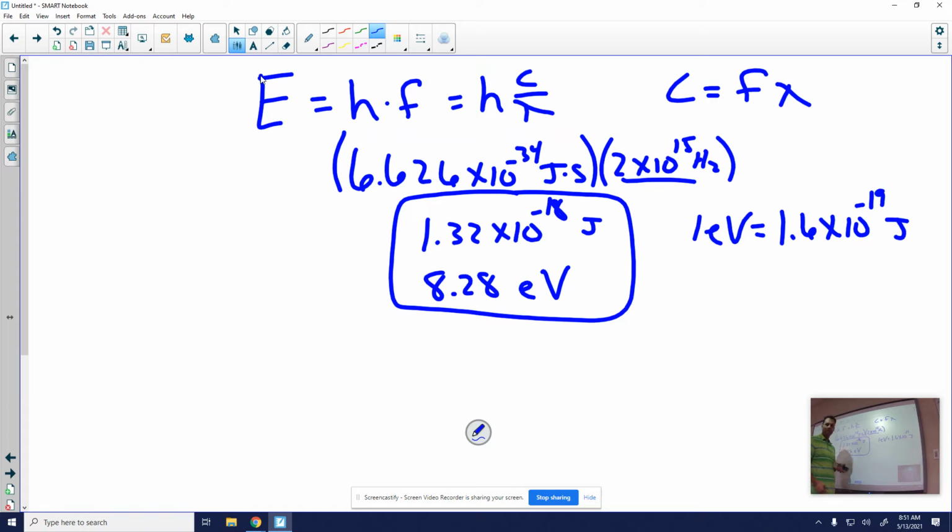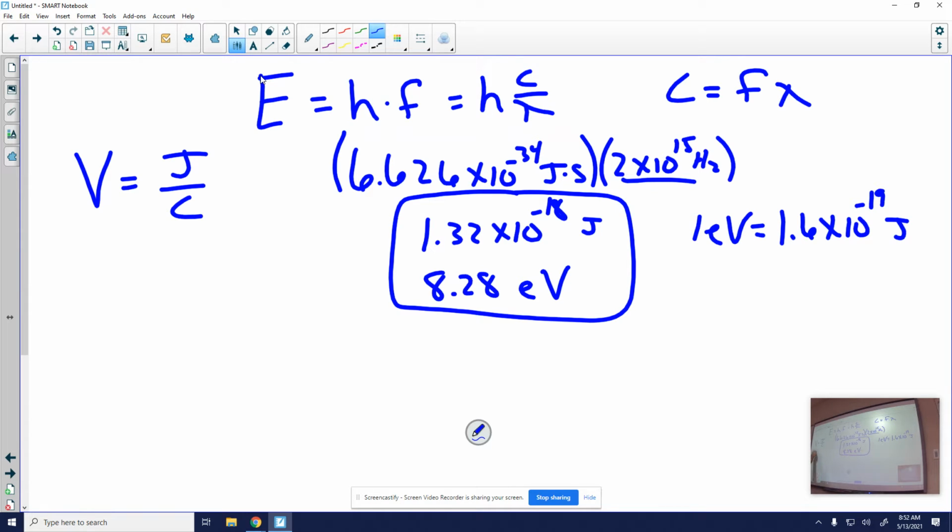Well, where did this idea of an electron volt come from? Well, you should recognize 1.6 times 10 to the negative 19. That is the charge of an electron. So remember, voltage was joules per coulomb, right? So if I take the volts times the coulombs of an electron, that should be the joules.